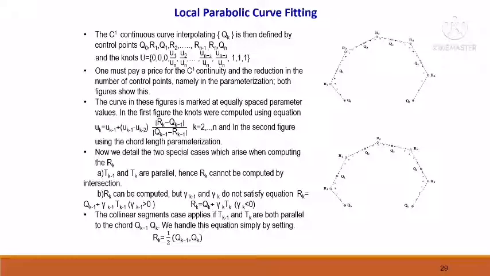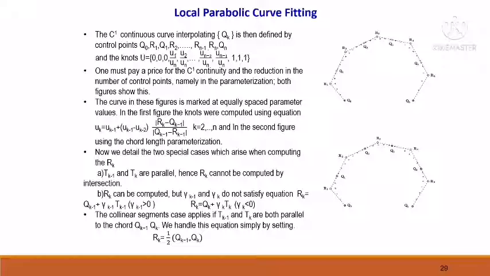One must pay a price for the C1 continuity and the reduction in the number of control points, namely in the parameterization. Both figures show this. The curve in these figures is marked at equally spaced parameter values.